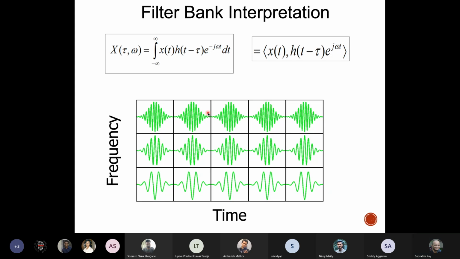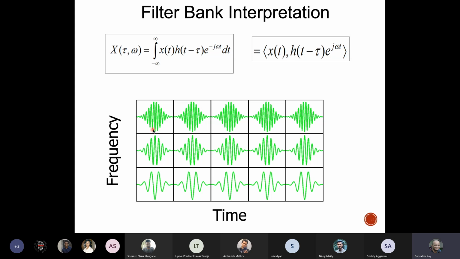Correct me if I'm wrong. Here it means each tile contains a band filter, and then... No, each tile contains one filter. Okay. The bank, because there are a lot of these filters. Yeah. So at each time point, the signal itself is having an inner dot product at one tile, and according to the frequency, the value changes.